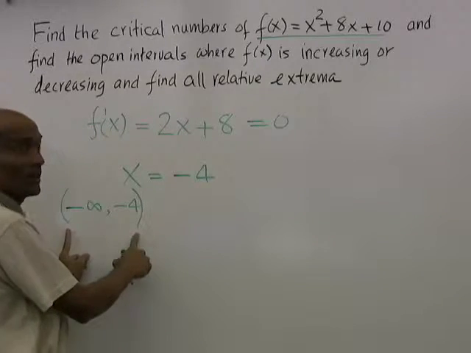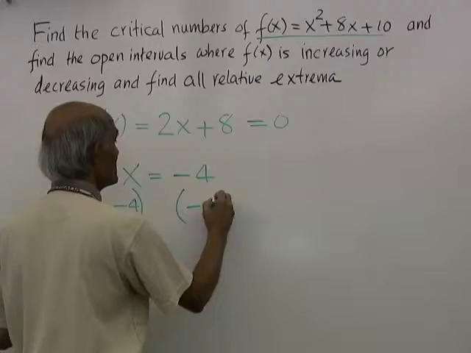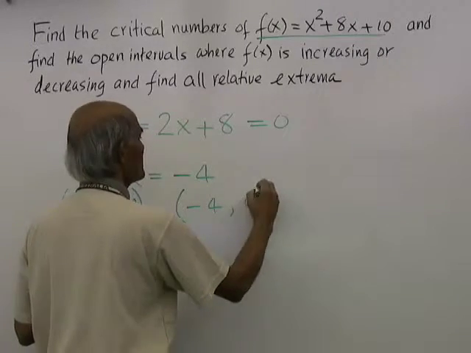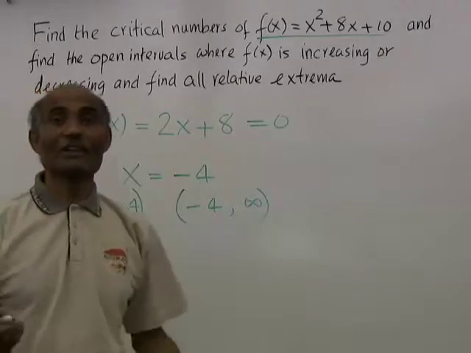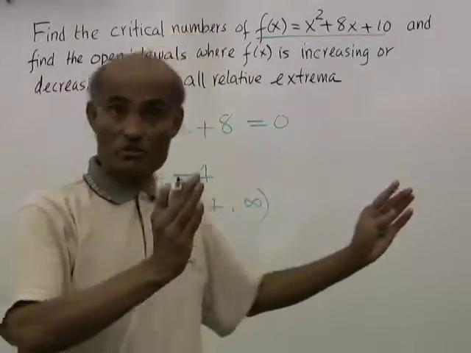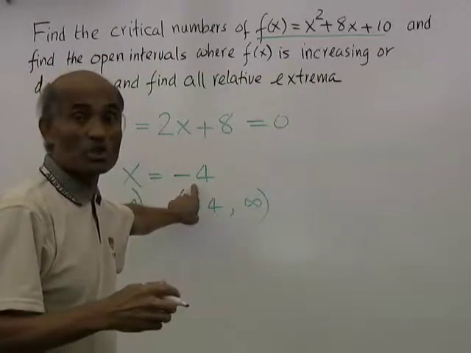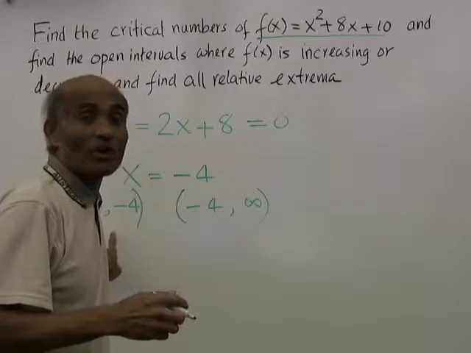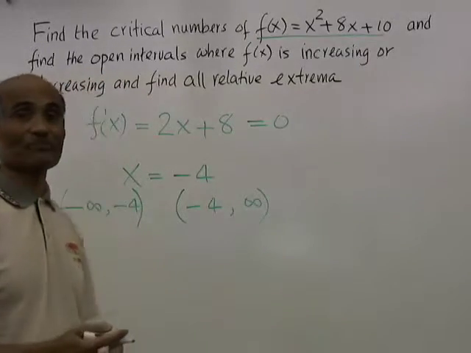So this is one interval. What is the next interval? The next interval is -4 to infinity. So what the critical number does is to divide the domain of the function into certain intervals. There is only one critical number there, therefore the domain of the function is divided into two intervals.